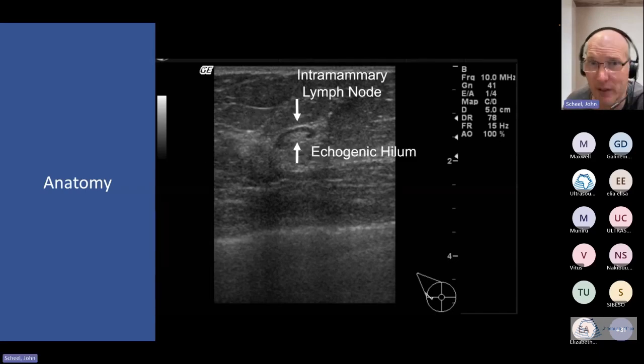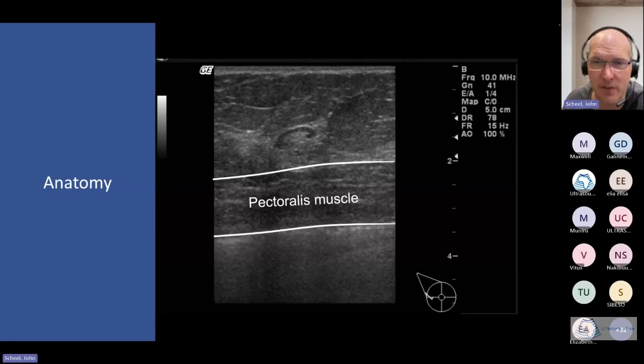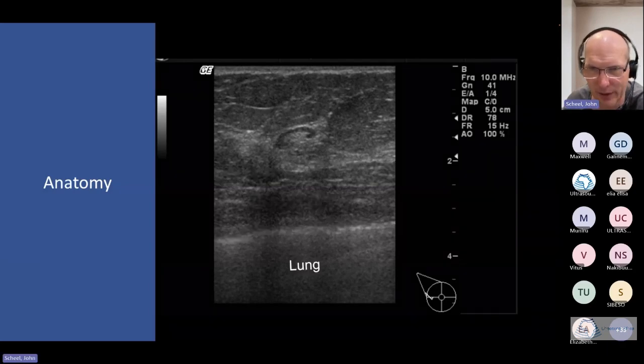This is an intramammary lymph node. It has an echogenic hilum there with the bottom arrow, and the cortex, which forms a C, shown by the top arrow. Then there's the pectoralis muscle and ribs there in the middle, followed by the lung.